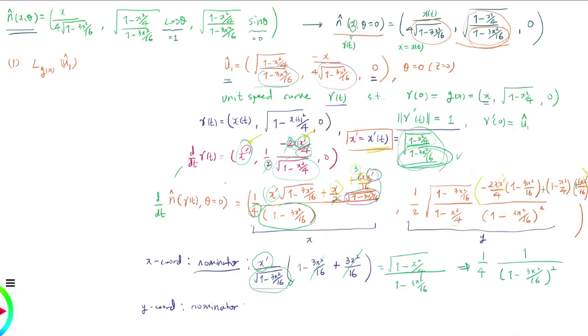So let me write x prime. I'm just going to do that because there's no square root. So for the numerator part, I have negative 2x x prime over 4 plus 6x cubed x prime over 16.